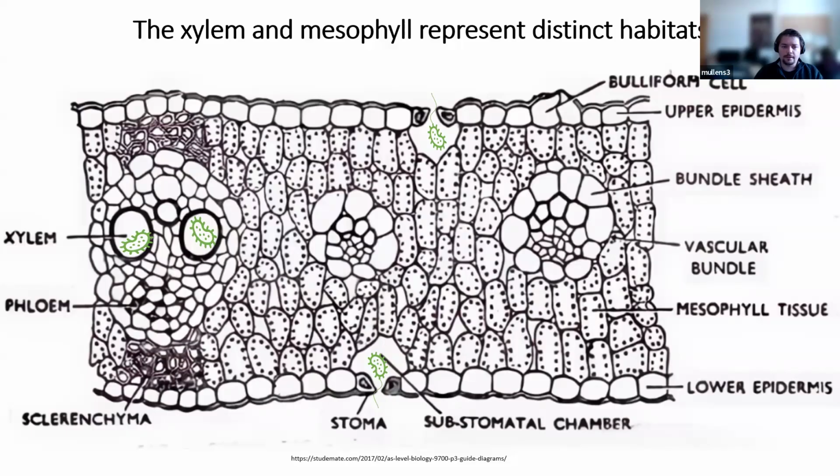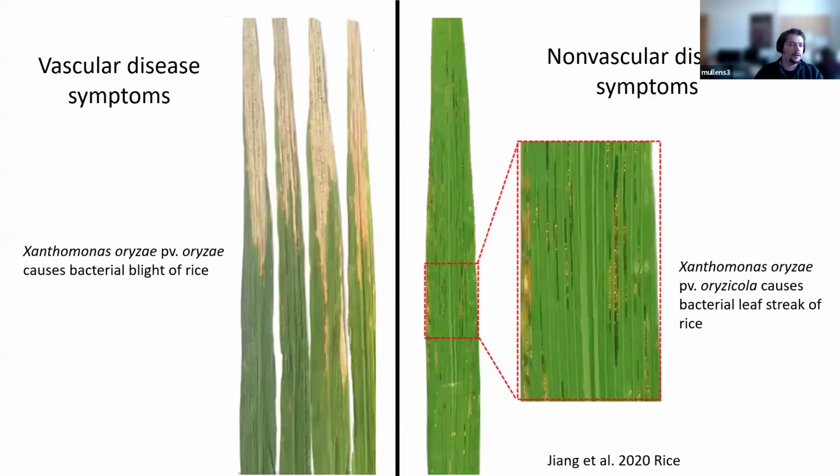A prime example of this is in rice, where two different pathovars of the bacterial pathogen Xanthomonas oryzae cause different foliar diseases on rice. The pathovar oryzae is a vascular pathogen and colonizes the xylem, causes these sort of long lesions that track along the veins, whereas the pathovar oryzicola colonizes the mesophyll and causes these water-soaked lesions that later become tan and necrotic, but are typically vein limited.